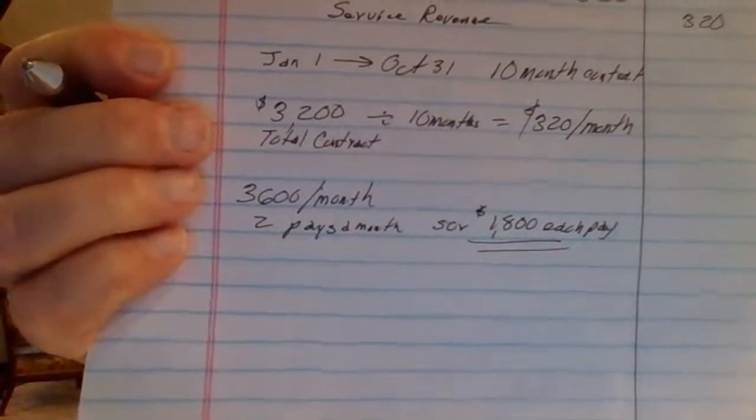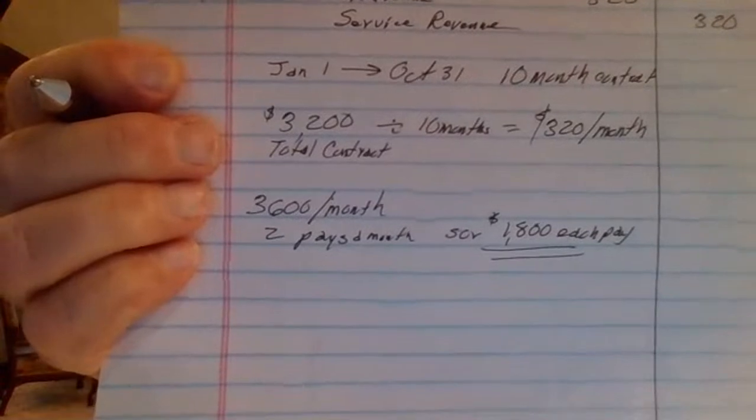Now, since they pay on the 15th of the month and the 1st of the month, the employees worked during January from January 16th to January 31st. They're going to get paid on February 1st. So we have an accrued expense here. So on January 31st, we have to do an adjusting entry to recognize the fact that the employees worked the second half of January but didn't get paid yet. So we have salaries expense being debited and a credit to salaries payable.